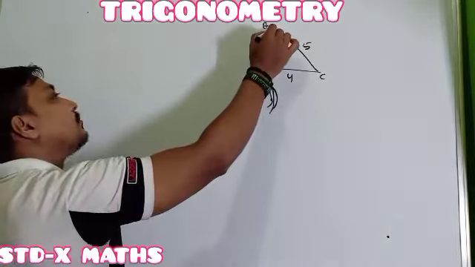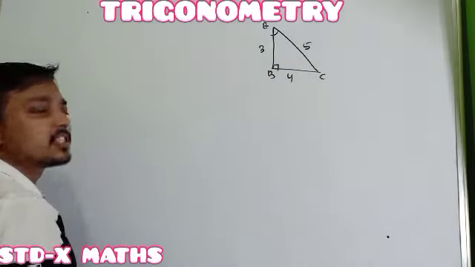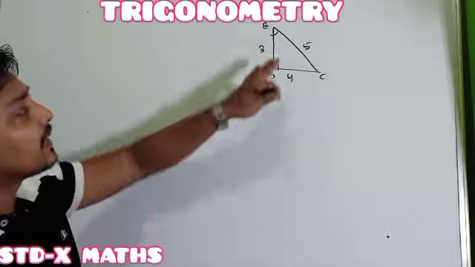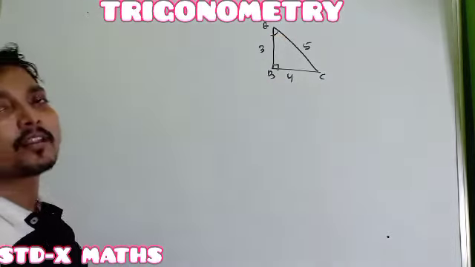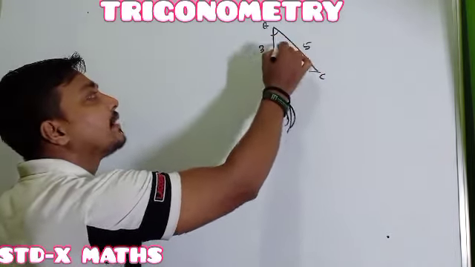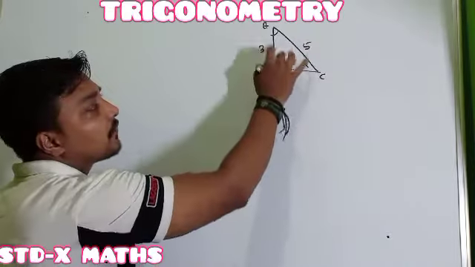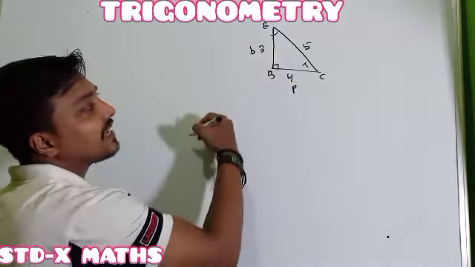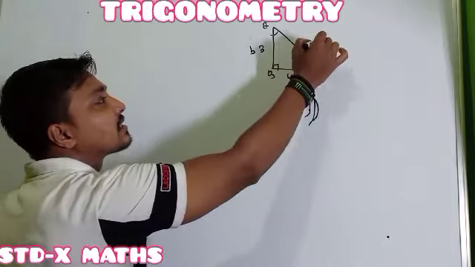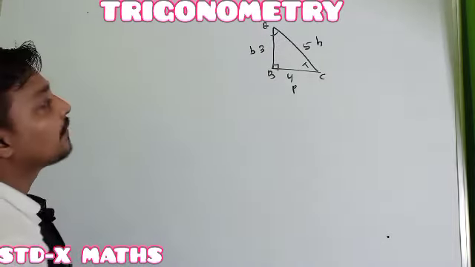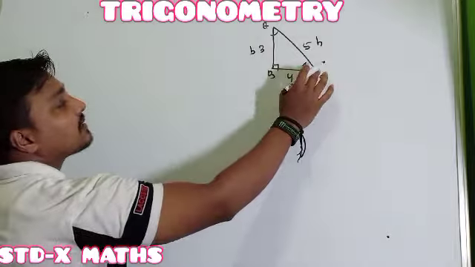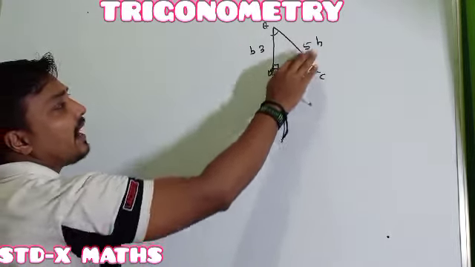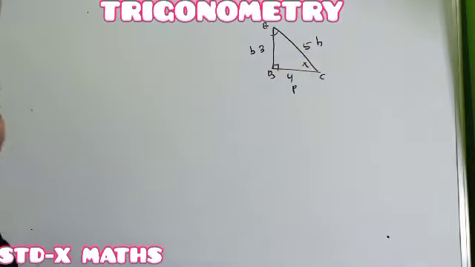You have to find the 6 trigonometric ratios with respect to any acute angle, either angle A or angle C. With respect to angle A, its front side is P, the adjacent side is B, and the longest side is H. With respect to angle C, this one will be P, this one will be B, and this one will be H.